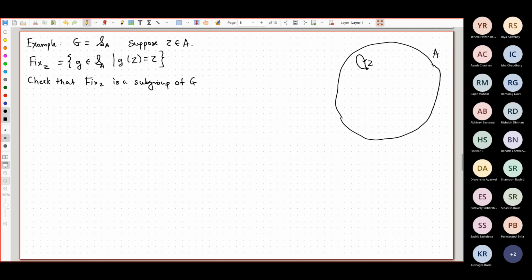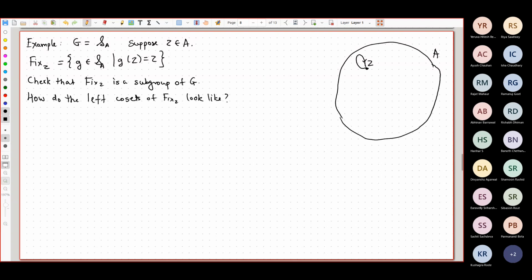Now how do the left cosets of Fix Z look like? How do you construct a left coset?